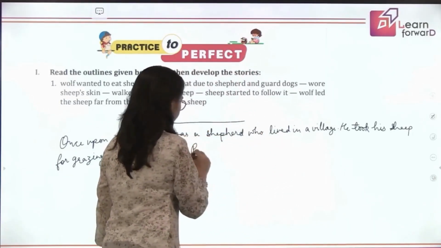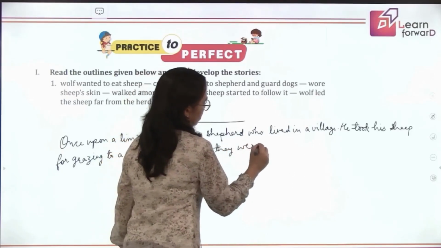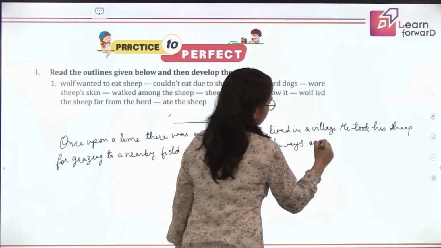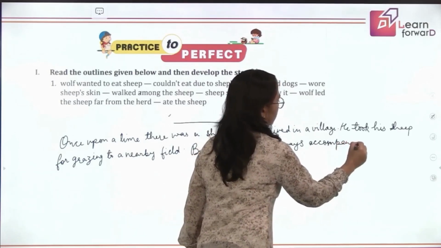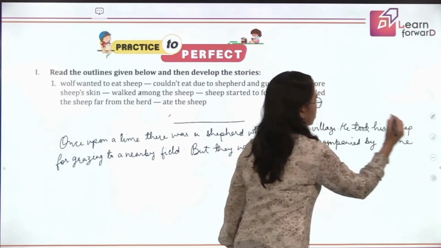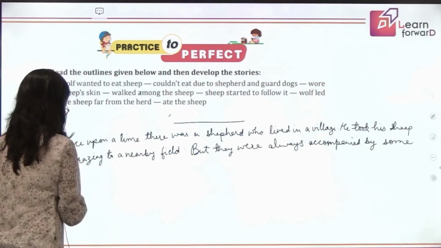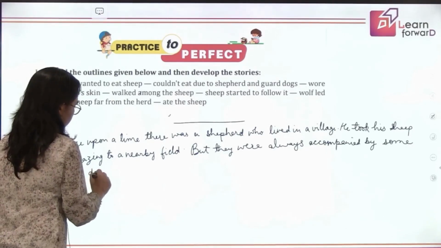But they were always accompanied by some guard dogs, because the number is not given. You can also write some number if you want. By some guard dogs.